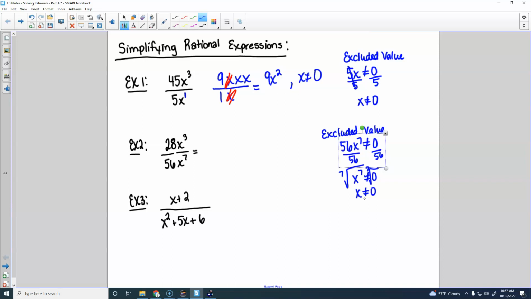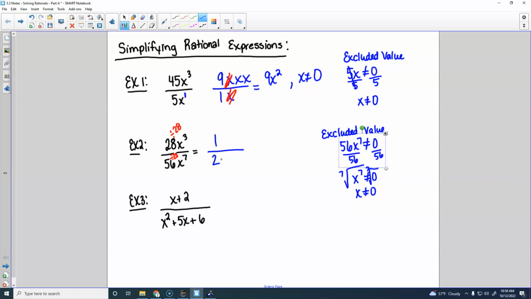For this, I need to see if anything will reduce. 28 and 56, is there anything I can divide both of those by? 28? Okay. So we can divide by 28. So that gives us a 1 on top and 2 on bottom. Then I've got 3 x's on the top, 7 on the bottom.